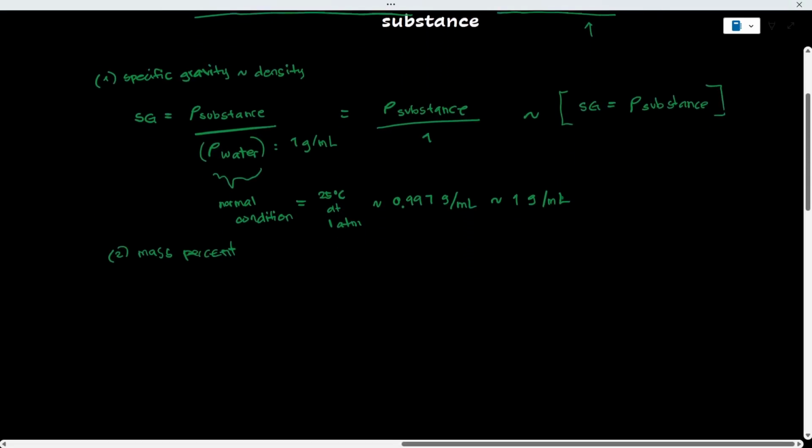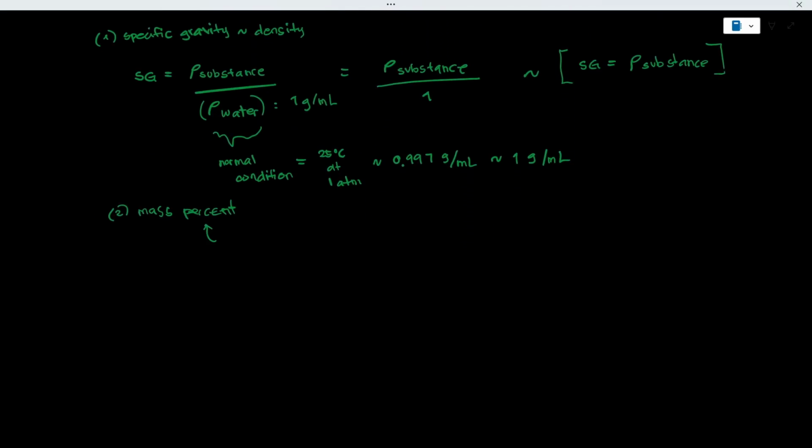When you hear percent, this is the ratio of a number to 100. So when I say 50%, that is 50 over 100, right? When I say 61%, that is just 61 to 100.